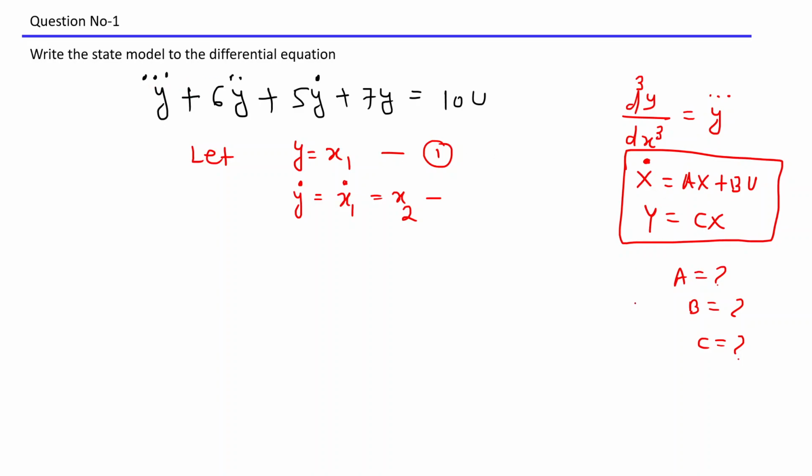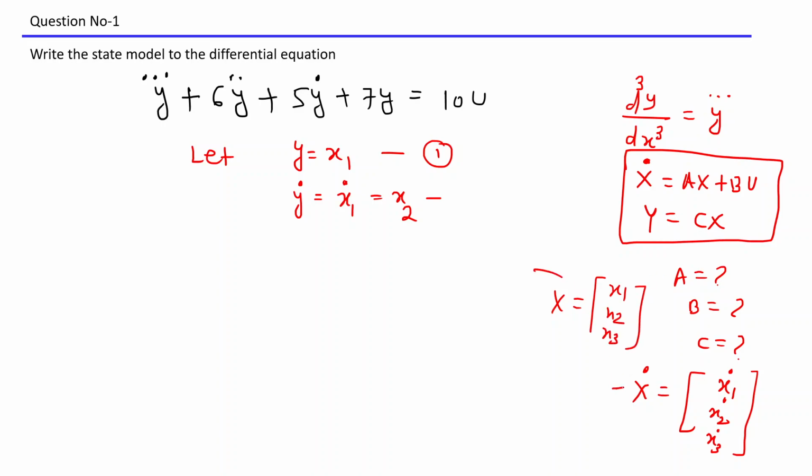That's why in x dot this vector will contain variables like x1 dot, x2 dot and x3 dot. And x will be x1, x2, x3. This is also a state vector, and this is a differential state vector. As the order of the equation is 3, you have to create a vector like this.